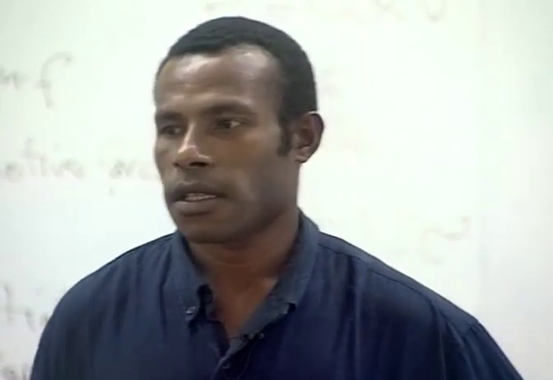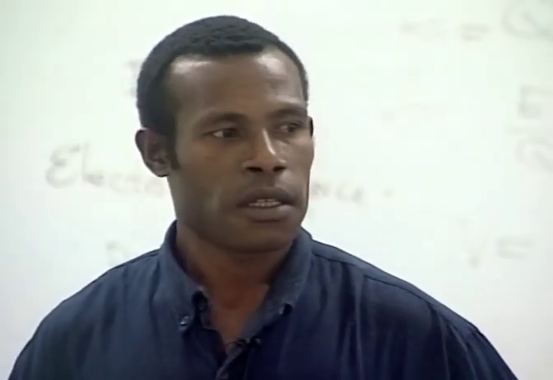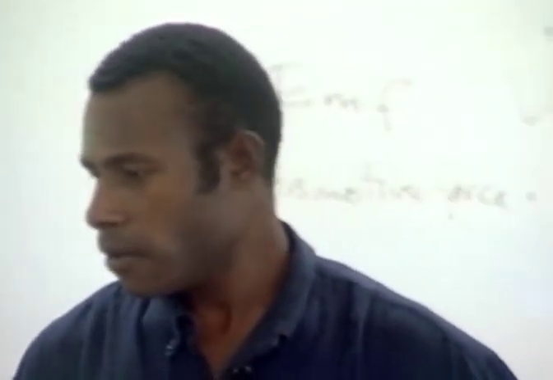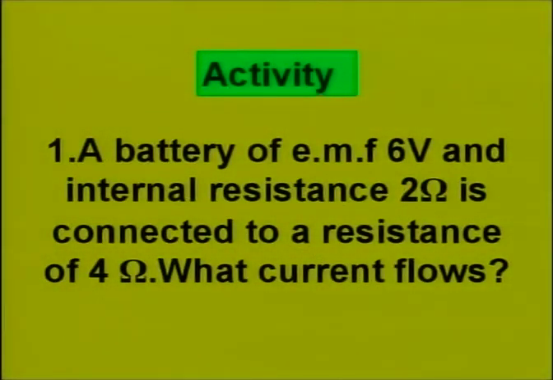So in this case it is 6 volts, and that shows that 6 joules has been given to each coulomb of charge. You use the equation E equals I(R plus r): internal resistance 2, and then 4 for the resistor, times I, which is what you are asked to find. The energy is 6 volts, so 6 joules. Yeah, that's right.